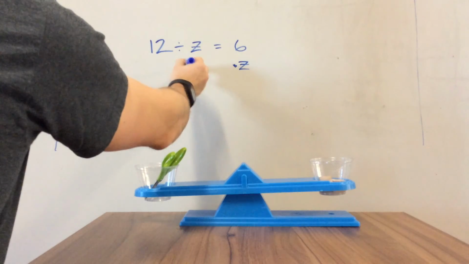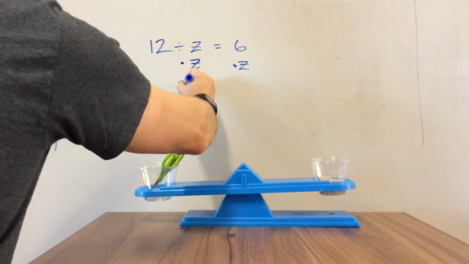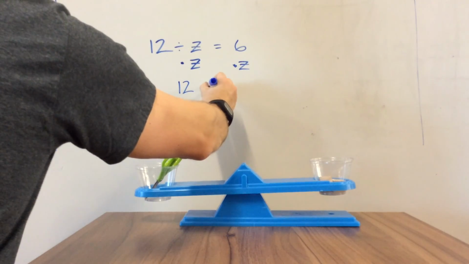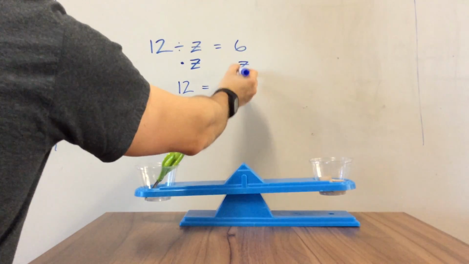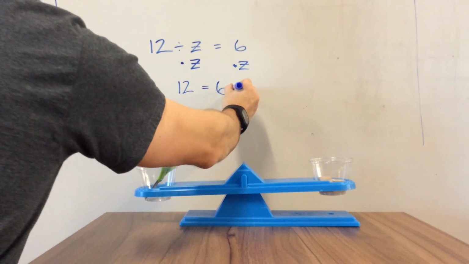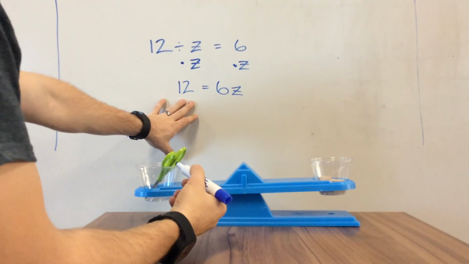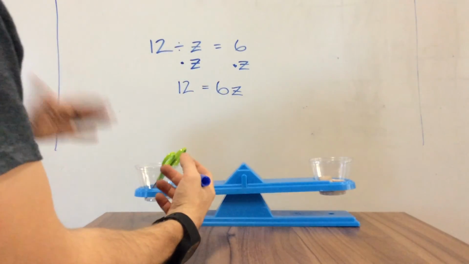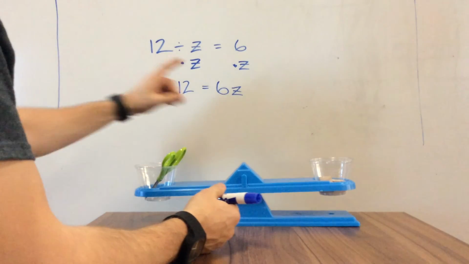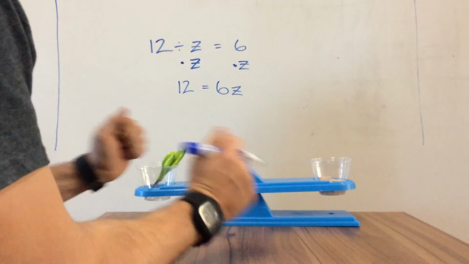The division and the multiplication are going to cancel each other out. So all I'm left with on this side is 12. And I see that that's equal to, still don't know what z is, but I know when I take 6 and I multiply it by z, it's going to be equal to 12. Then I do exactly what we did on the last problem. 6 is stuck to that z because they're being multiplied together. I want to break that bond.